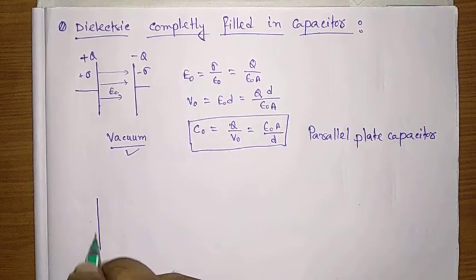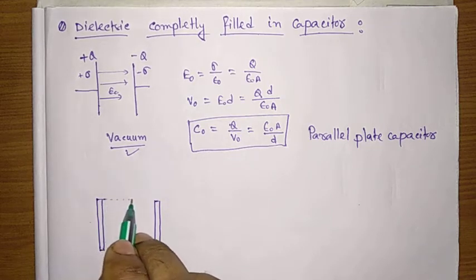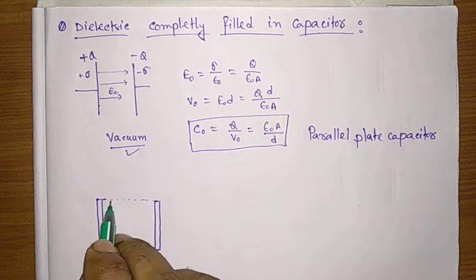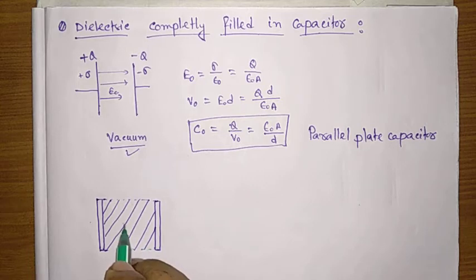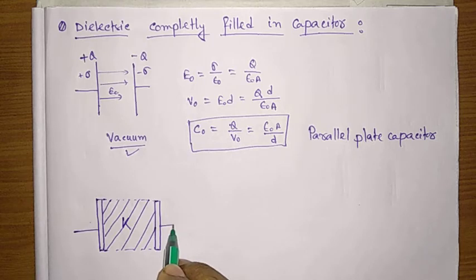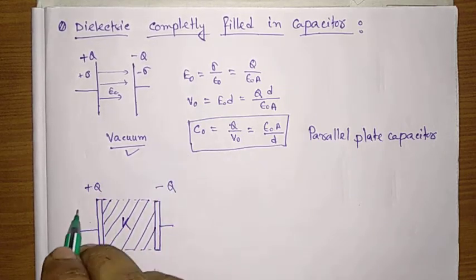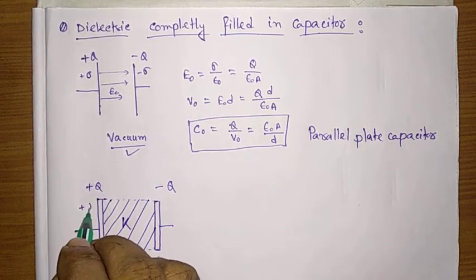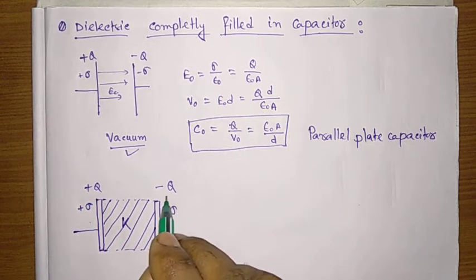Suppose it is a parallel plate capacitor and inside it a dielectric is completely filled, whose dielectric constant is K. Now if we connect this capacitor with a battery, it gets charge plus Q and minus Q, and its surface charge density will be plus sigma because of positive Q and minus sigma because of negative Q.